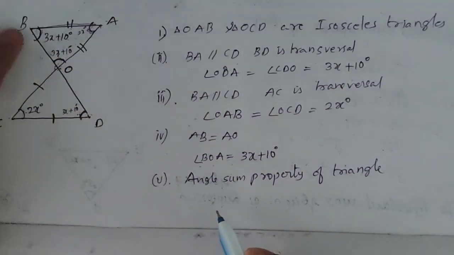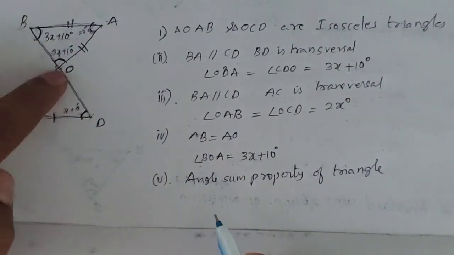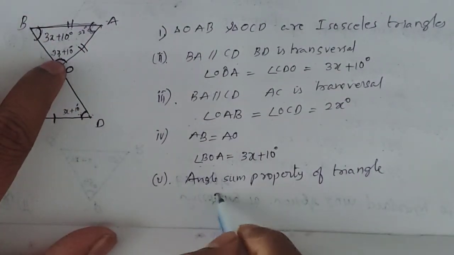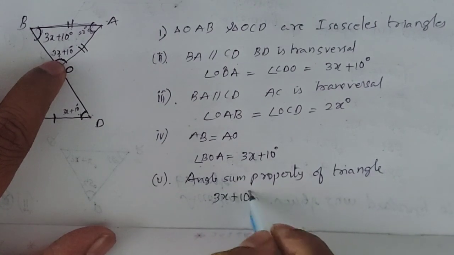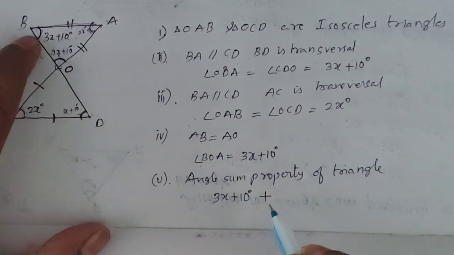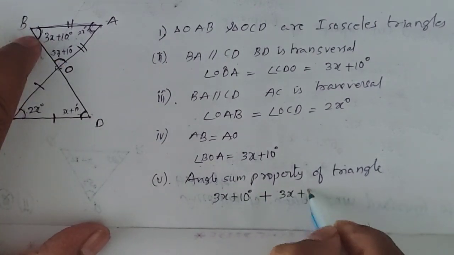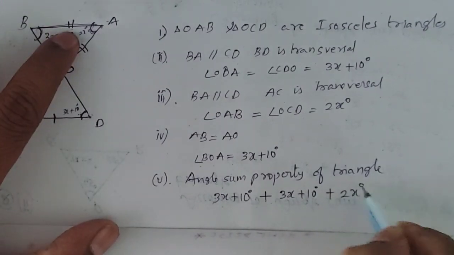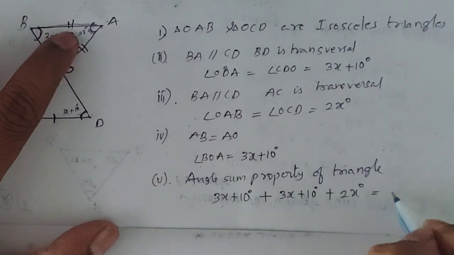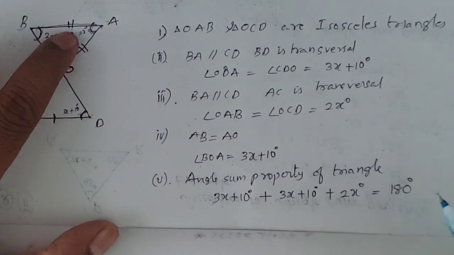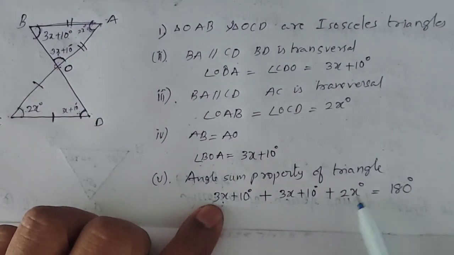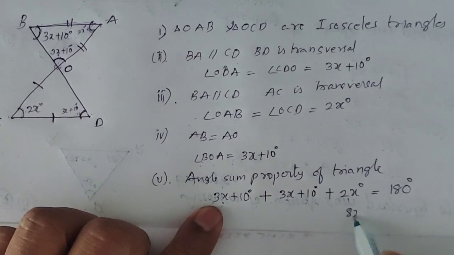Now let us see triangle OAB. The angles are 3x plus 10 degrees plus 3x plus 10 degrees plus 2x. The sum of these three angles is equal to 180 degrees. If you join them, 3x plus 3x is 6x, plus 2x is 8x degrees, which equals 180 degrees.